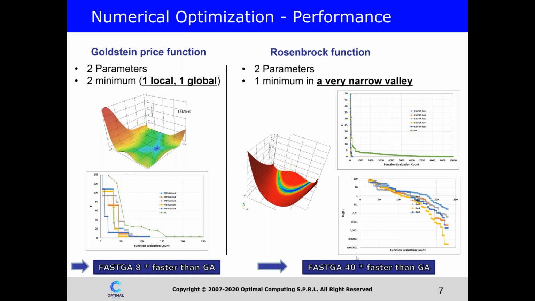Okay, and typically what we see from our experience is that our algorithm that we call the FastGA is between 10 and 40 or even 50 times faster than a classical genetic algorithm.